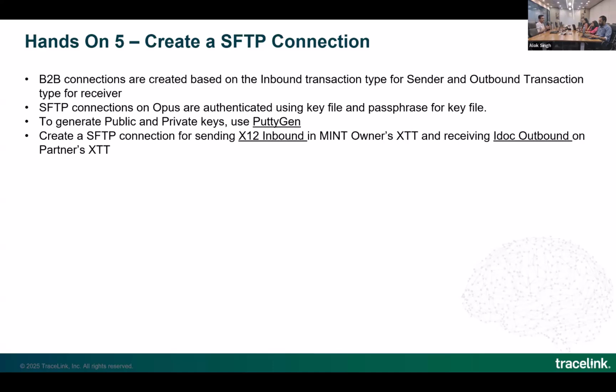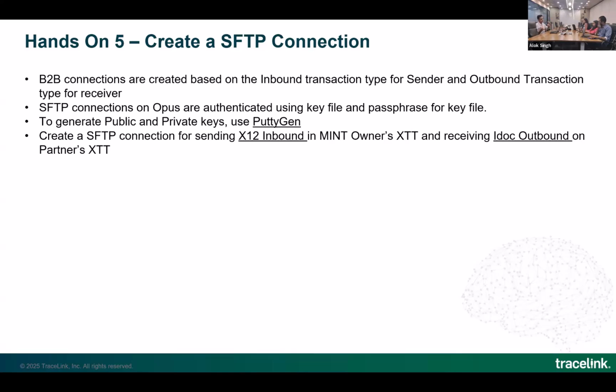I'm saying sender and receiver, I'm not saying owner and partner, right? Because now the configuration is in context of a sender and receiver. The owner created a process network, created a link, that's it. Now, either the Mint owner can send a transaction to a partner, or the partner can send a transaction to the Mint owner.